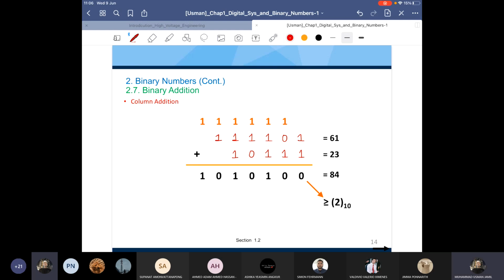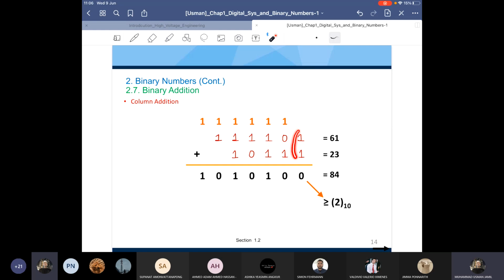Now we want to add these binary numbers.